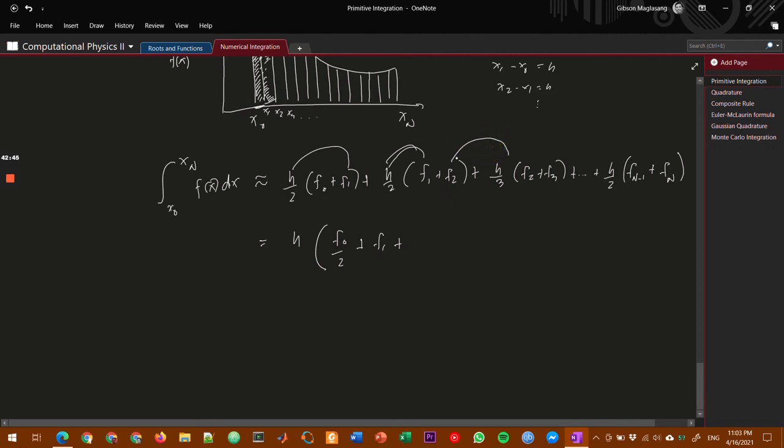I hope makita ninyo ang pattern. So nakuha 1 half dira. Can you put 1 half, then 1 half, so becomes 1. We have f2 plus f3. Ang mabili na lang is fn over 2, wala siya pares, right? Pareha sa f naught, kasugod wala siya partner. So this would be your integral.